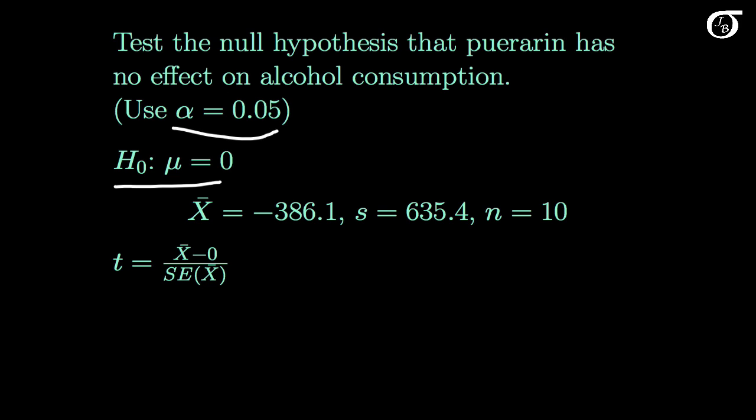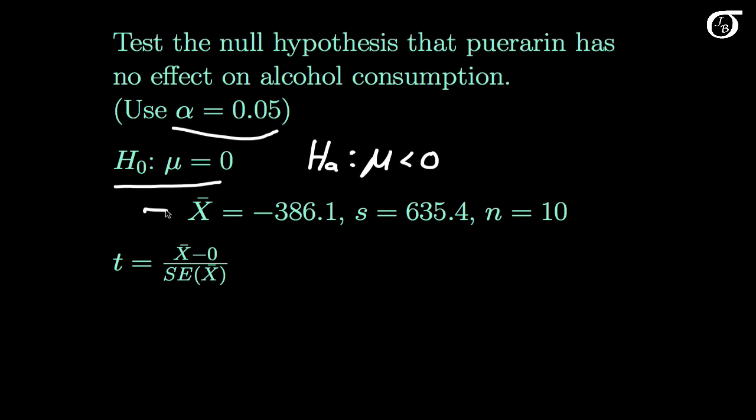But we do have a body of evidence from past research that tells us kudzu may reduce alcohol consumption. So it would be reasonable to choose this one-sided alternative hypothesis that mu is less than 0. One could also argue for a two-sided alternative hypothesis here, but a one-sided alternative is reasonable given the setting, and it's what the researchers chose in the original paper, so I'm going to go with it.